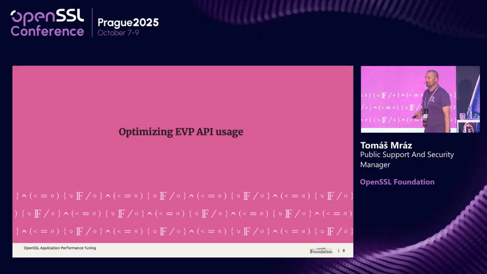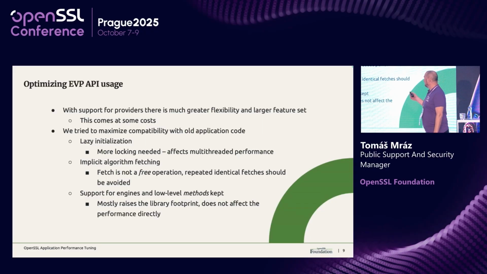So how do we optimize EVP API usage? Of course, when we added support for providers, this added much flexibility. And there is also a larger feature set, but this comes at some costs, unfortunately. And some of the decisions were, yeah, we need to keep the existing applications working without major changes.